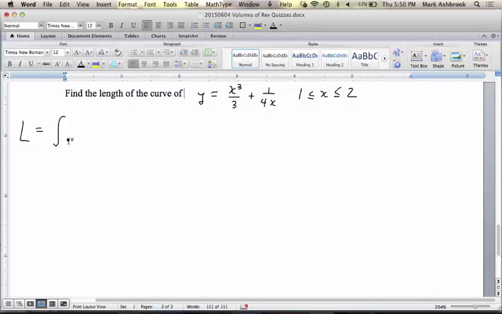Square root of 1 plus the derivative of y squared. The derivative, which is x squared minus 1 over 4x squared.